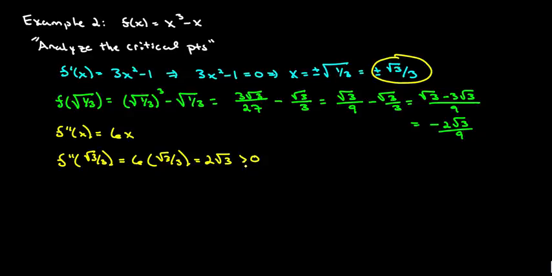And since it's positive, that means the rate of change of the derivative is going up, which means that this one right here must be a local minimum. When I say this one, I meant the positive version of it.